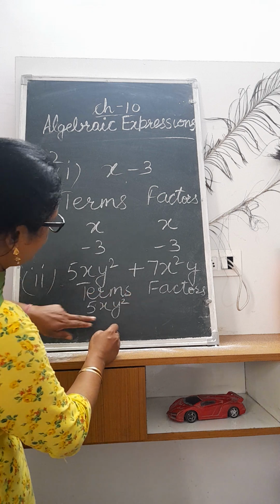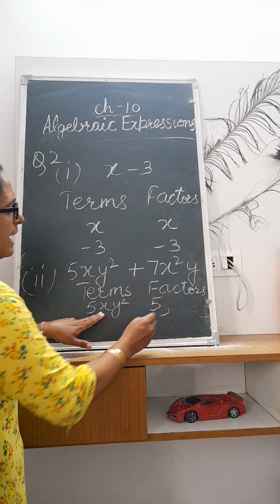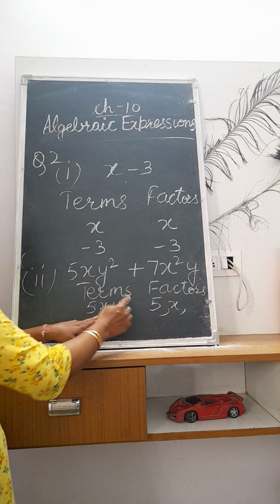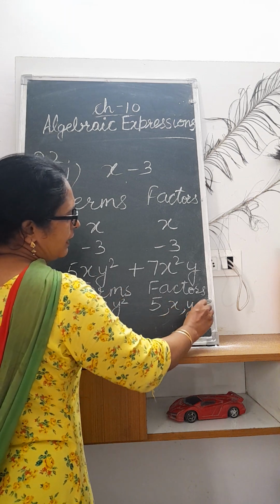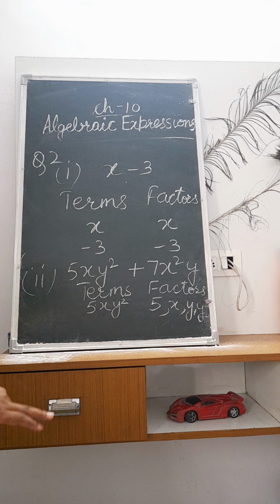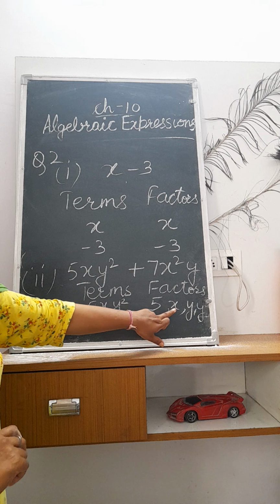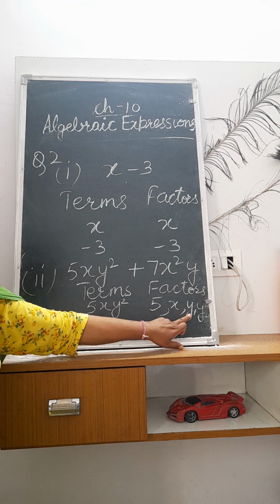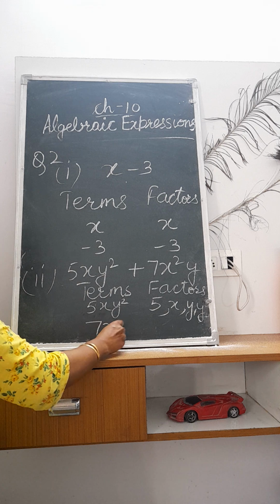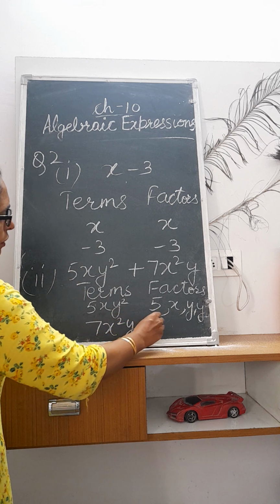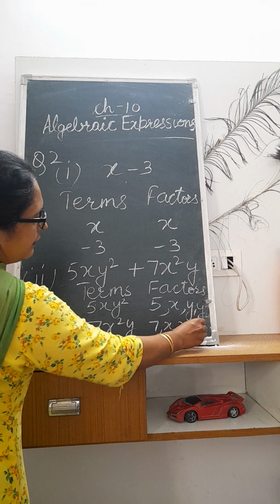Its factors: 5 is a factor, x is a factor, and y square means y and y both are factors. So 5xy square is a term, with 5, x, y, y as factors. The second term is 7x square y, so its factors are 7, x and y.